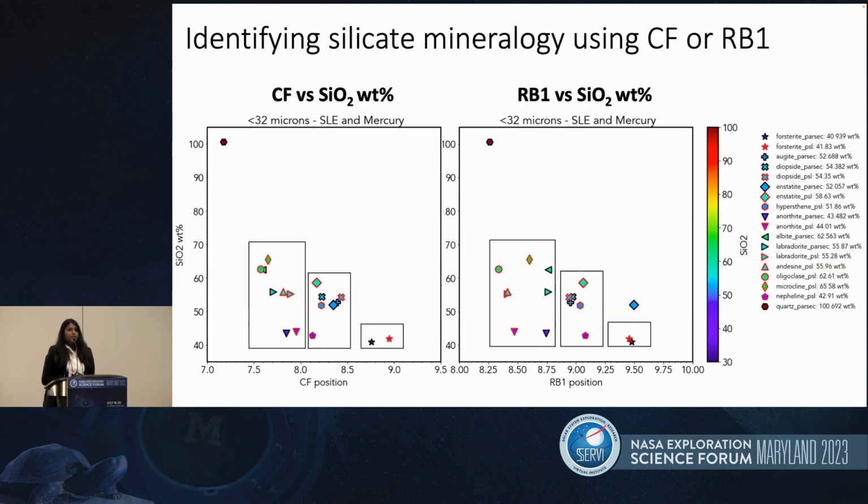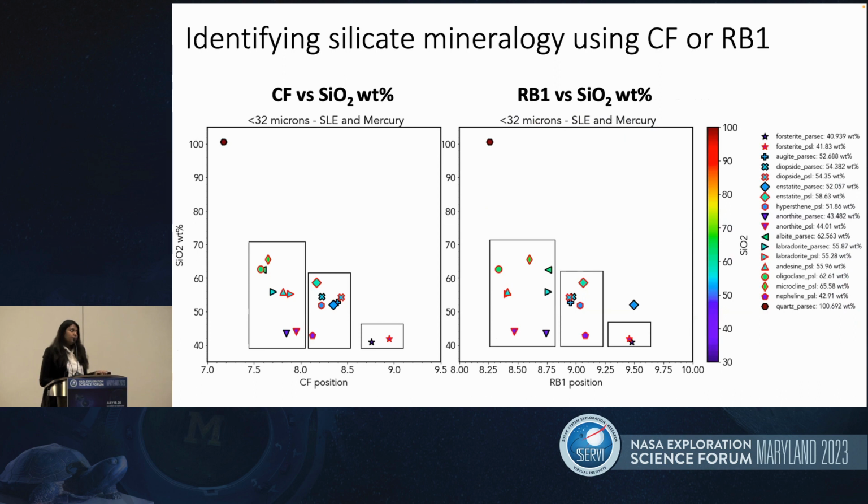So what happens if we just use CF or just use RB1 to identify the silicate mineralogy, using SiO2 weight percentage as a proxy? What you see here is CF versus SiO2 and RB1 versus SiO2. In both plots, we can see the CF and RB1 position moves shortward in wavelength with increase in SiO2 weight percentage.